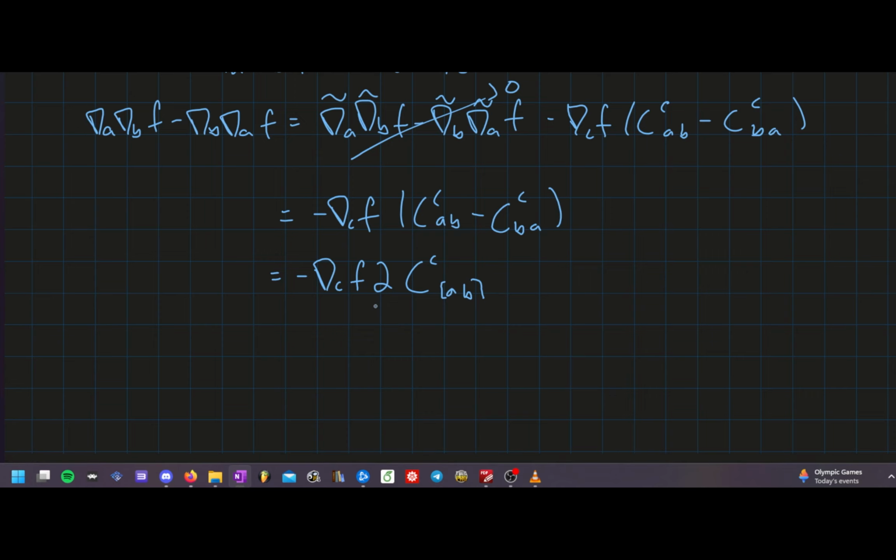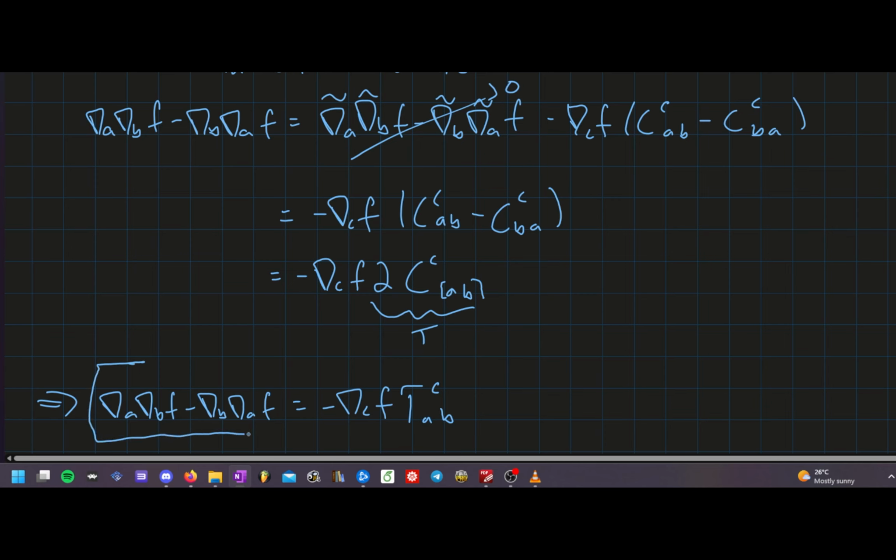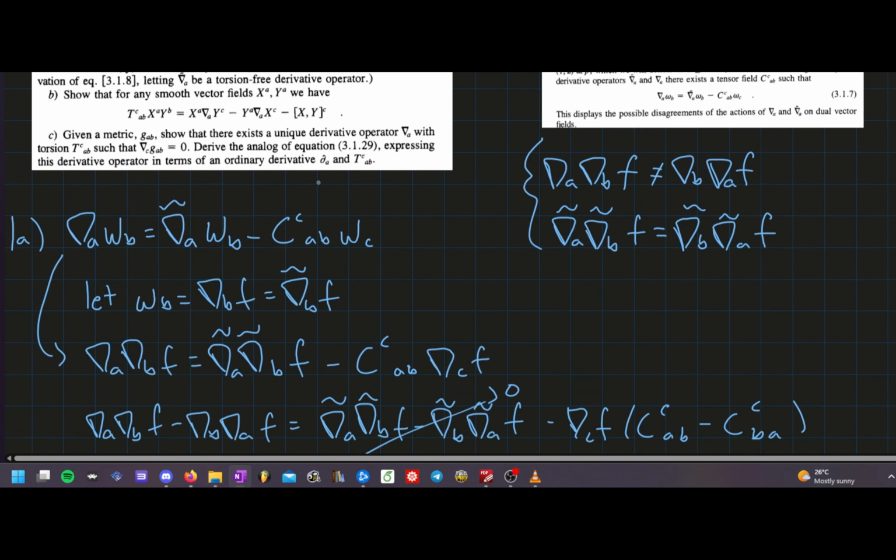And then if we define this to be T, then we get, I'll write the entire thing here, nabla A, nabla B of f minus nabla B, nabla A of f equals minus nabla C of f times T C A B, where T is that torsion tensor. Which is exactly what we were asked to show.